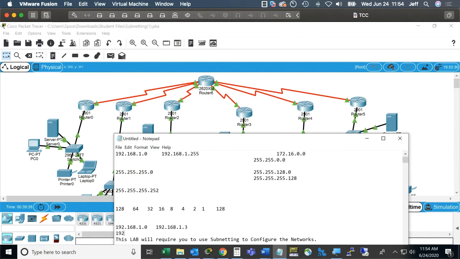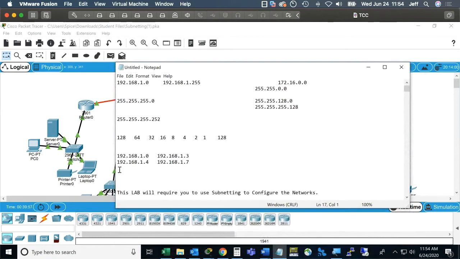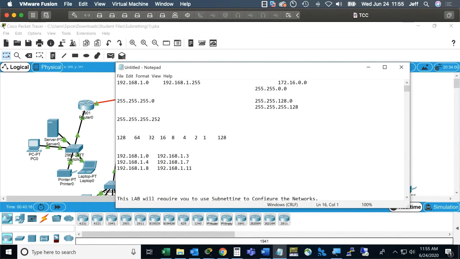And then our second network would be 192.168.1.4 to 192.168.1.7, right? And the next 192.168.1.8 to 192.168.1.11, right? And then 12, right? So it just repeats.